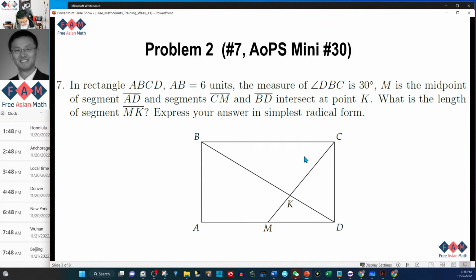So BC is the longer leg. That's square root of 3 times the shorter side, which is 6. Now how do we know CM? Well, once we know the total length of BC, we know DM is half of it. Because M is a midpoint, DM measures 3 times square root of 3. Then by the Pythagorean theorem, we should be able to compute CM.